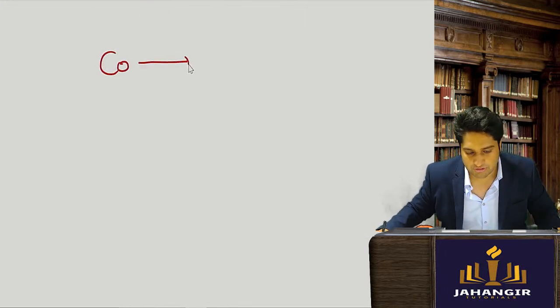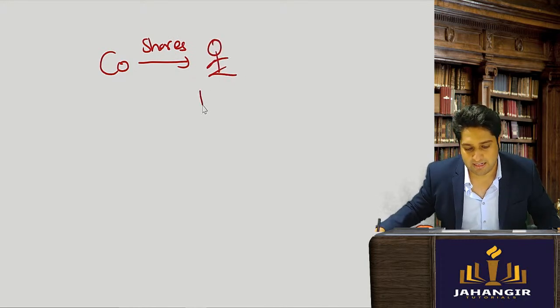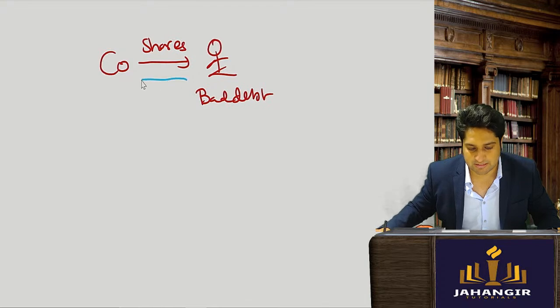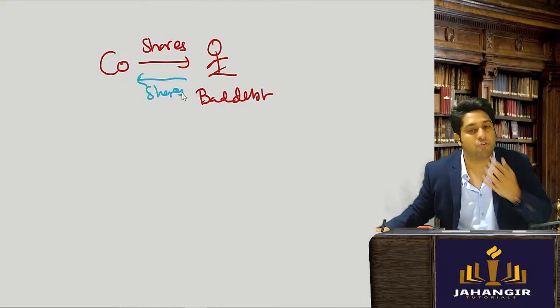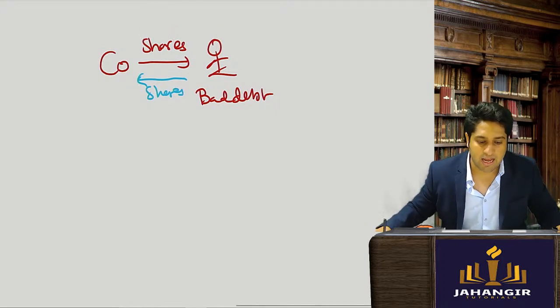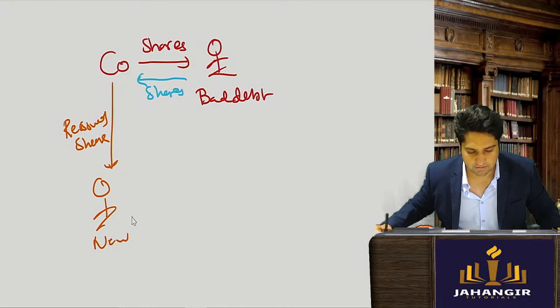What happened is, company issued shares to a member. The member became a bad debt. He did not pay the money. So the company forfeited the shares. They took the shares back from the shareholder, and then they reissued these shares to a new person, a new investor.